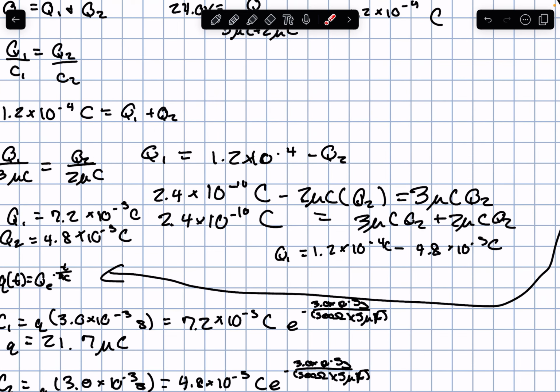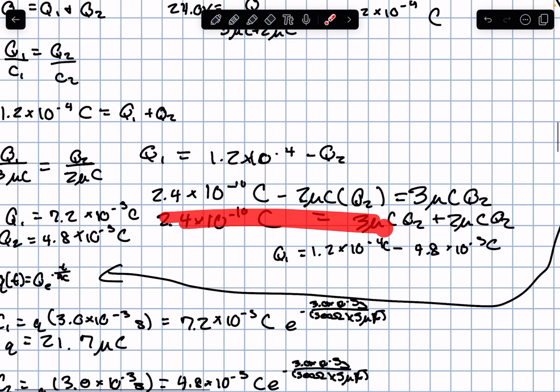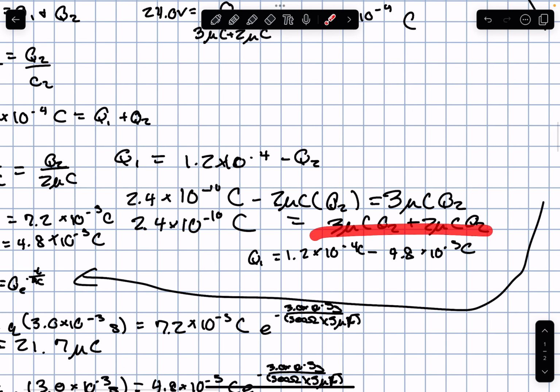Same deal again, 2.4 times 10 to the negative 10th coulombs equals 3 microcoulombs times Q2 plus 2 microcoulombs times Q2. We're going to move it all to one side because we want to isolate Q2.